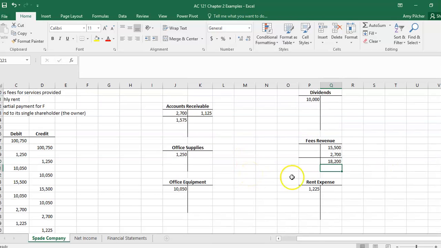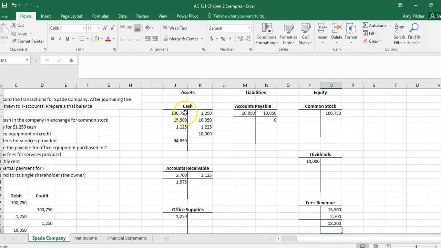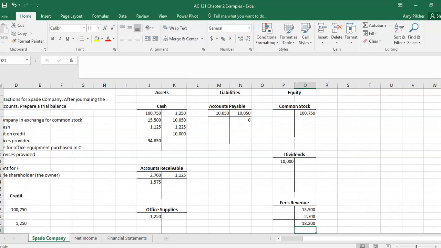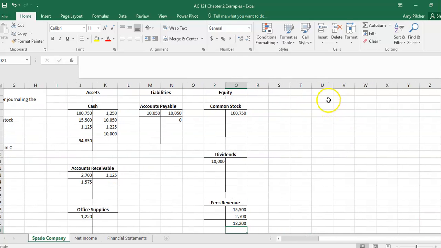After we have balanced all of our accounts, we create a trial balance. A trial balance is a document that we use as a check to make sure that all of our accounts are in balance before we prepare the financial statements. For the trial balance, we're going to have the company name. We're going to write that it is our trial balance and the date that we were preparing the trial balance.